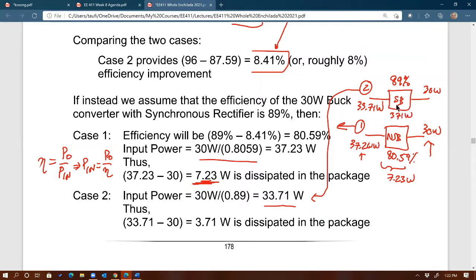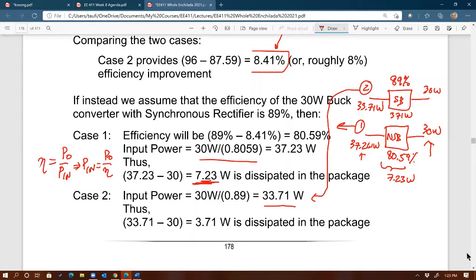So the converter module for case number two will dissipate 3.71 watts, a little bit over half of the first case. So that's another angle of showing the benefit of synchronous rectifier: the power dissipated in the module is less, or improved, because of the synchronous rectification.